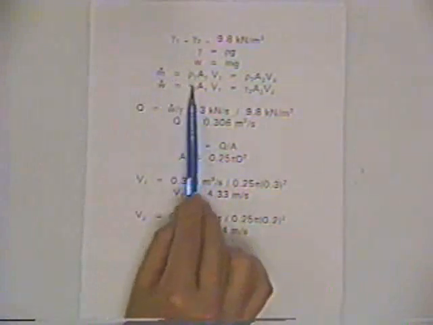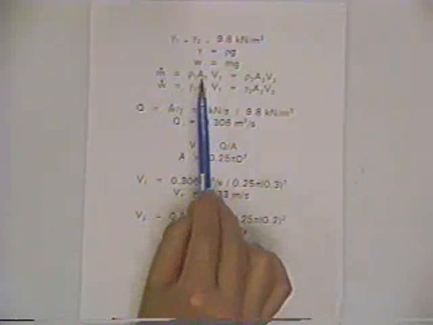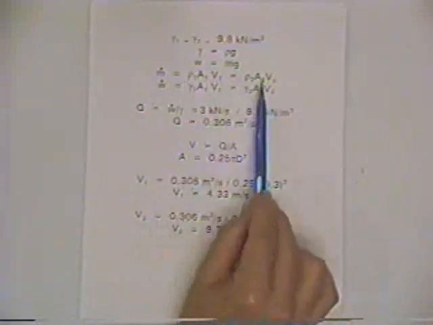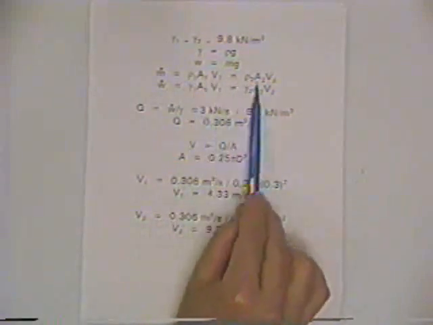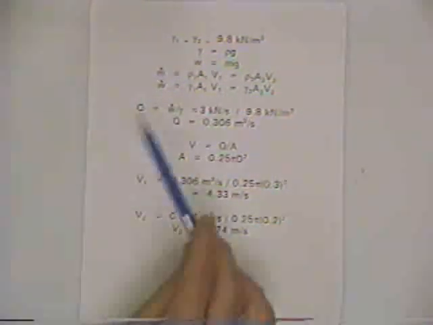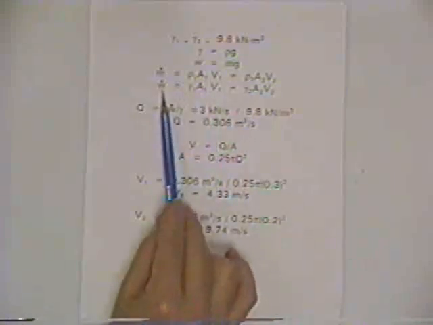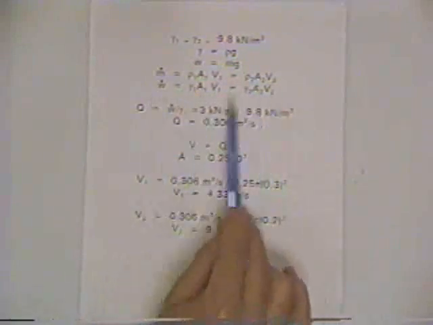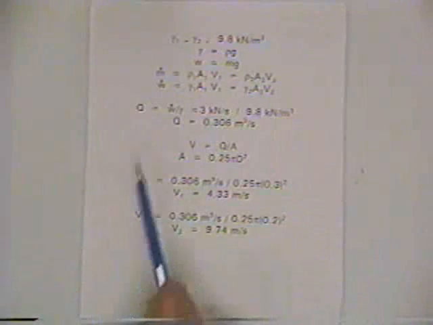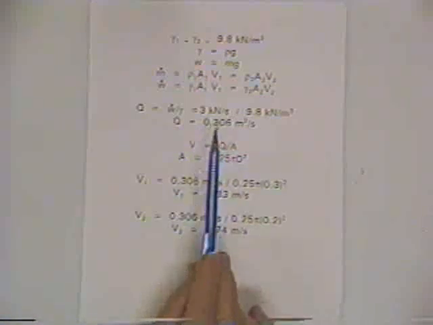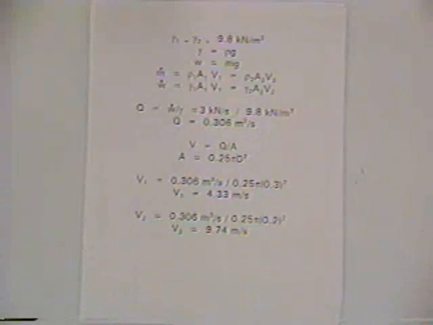And so we like to write the conservation of mass as a mass flux is just the density times a volume, and the volume is an area times a mean velocity through the area. At one location in one pipe is the same as in the other pipe, pipe 1 and pipe 2, or the different diameter pipes. But really that's the same thing as writing that the weight flux is just the unit weight times the volume at the two sections, and we can write it that way because we're actually given in this problem, we could have been given the mass flow rate, but we were given the weight flow rate of 3 kilonewtons per second.